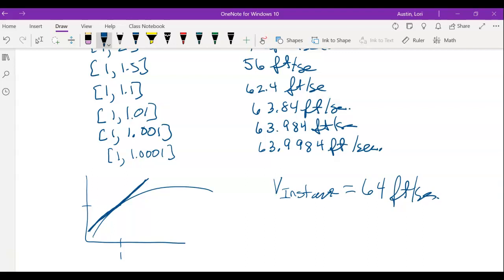Your instant velocity at that point is 64 feet per second. That instant velocity, of course, is the slope, which is the slope of the tangent line.